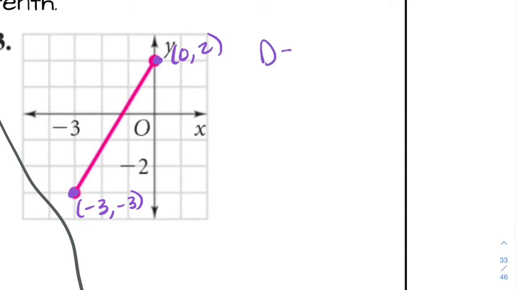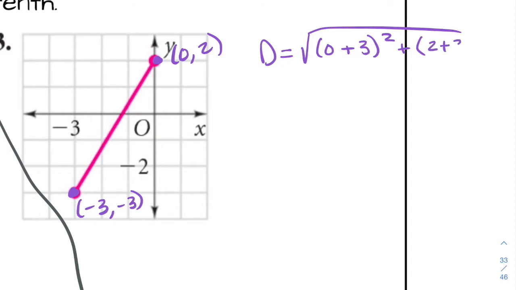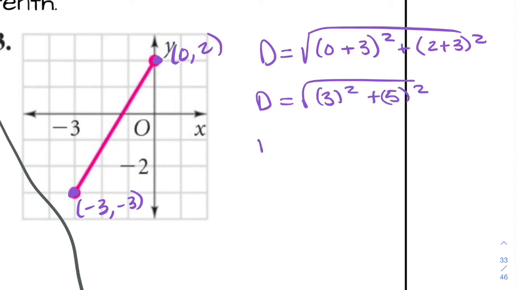So distance equals the square root of 0 minus negative 3 squared plus 2 minus negative 3 squared. Distance equals the square root of 3 squared plus 5 squared. Distance equals square root of 9 plus 25. Distance equals the square root of 34.